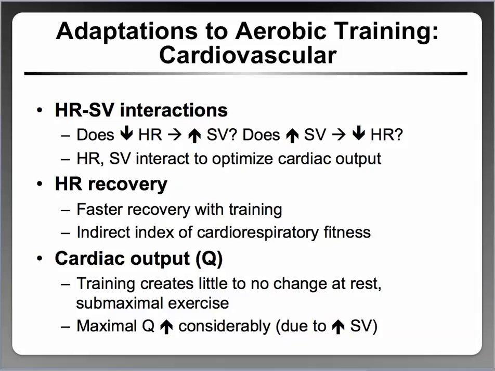However, once we get into maximal exertion exercise, cardiac output does increase significantly. And knowing what you know about the heart rate response, maximal heart rate doesn't change. So because you have the equation of cardiac output is equal to heart rate times stroke volume, if maximal heart rate doesn't change, then any increases that you see in cardiac output have to be due to increases in stroke volume at a maximal level.